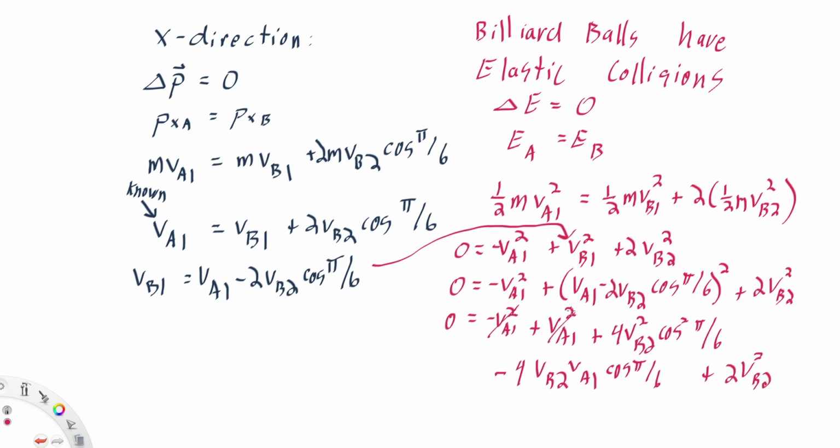Our VA1 squareds cancel, which is nice. And then we're left with this seeming pile of garbage.